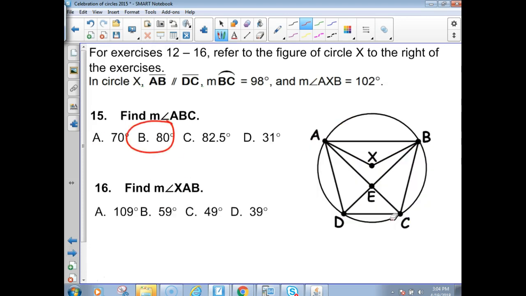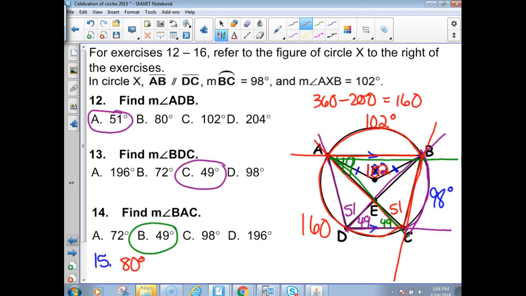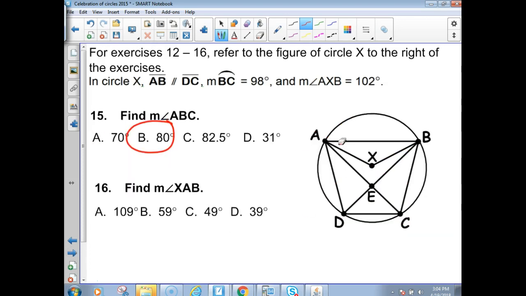Okay, for 15. And then you want XAB for the next one. XAB. Now that's inside this little baby triangle. Let me show you on the next picture. They're wanting to know what this angle is. You've already got 102 degrees here. That's a radius, that's a radius. So this is an isosceles triangle with a 102 degree angle right there, and these two angles would be congruent.